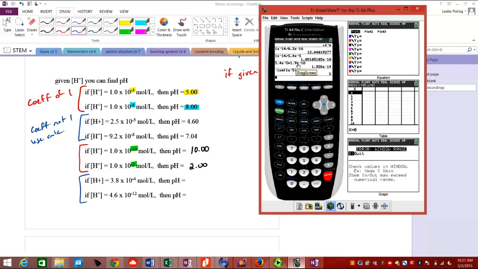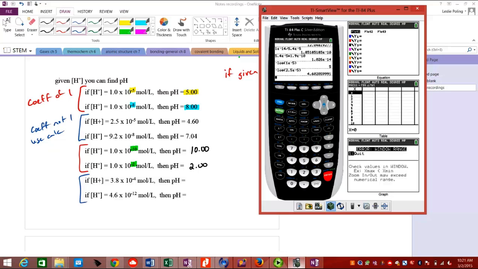We're going to do the exact same thing. Negative log 2.5 times 10 to the minus 5. We rounded it to 4.60 because of 2 digits in the coefficient.